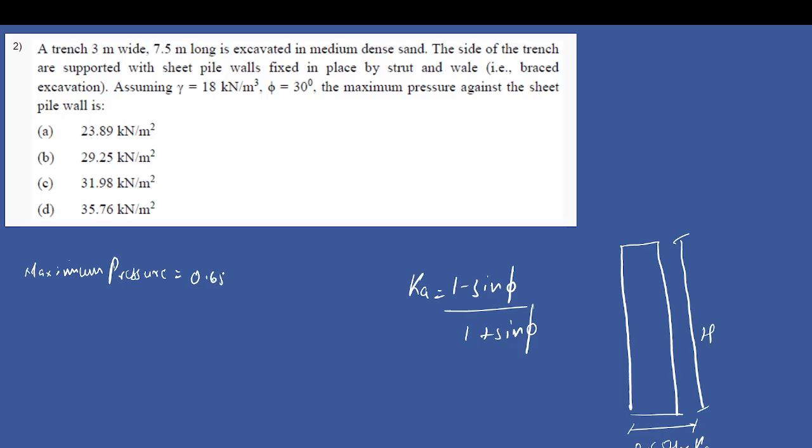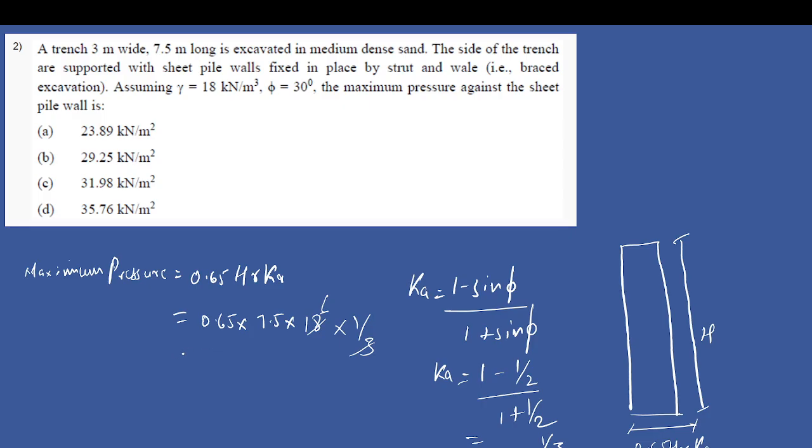The maximum pressure, as we know, is 0.65 H gamma Ka, which is 0.65 times H, which is 7.5 meter, and gamma, which is given as 18. Ka is (1 minus 1/2) upon (1 plus 1/2), which is none other than 1/3.